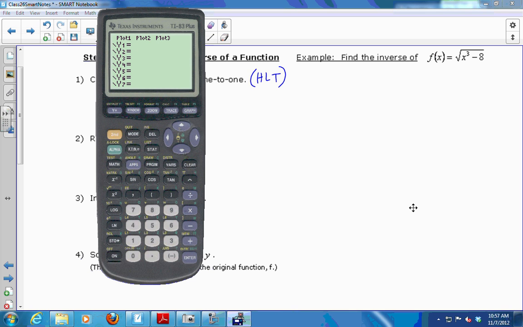I guess I'll just go with a standard window.